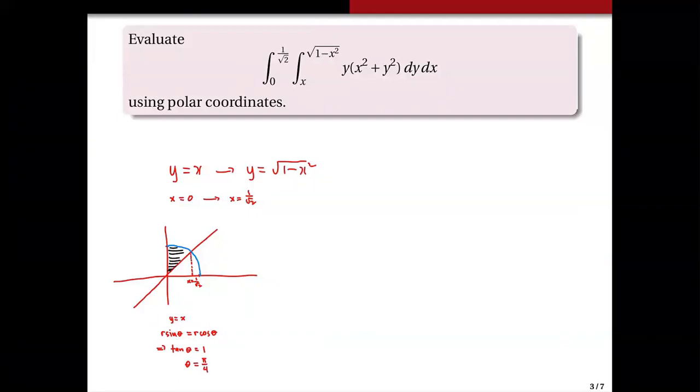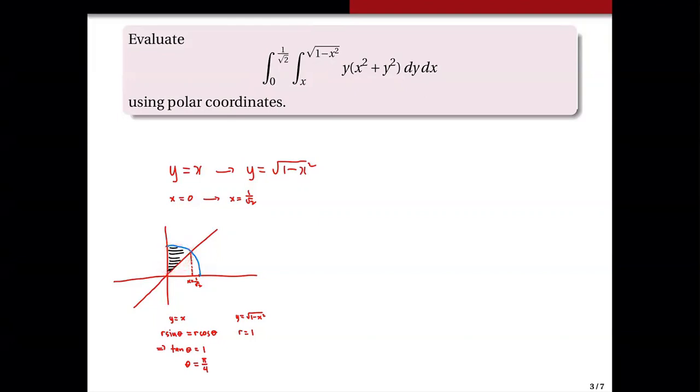Then, for the other guy, you have your y equals square root of 1 minus x squared. Like I said, this is just the unit circle. So this is just your r equals 1. Okay? But now, we consider the region here.